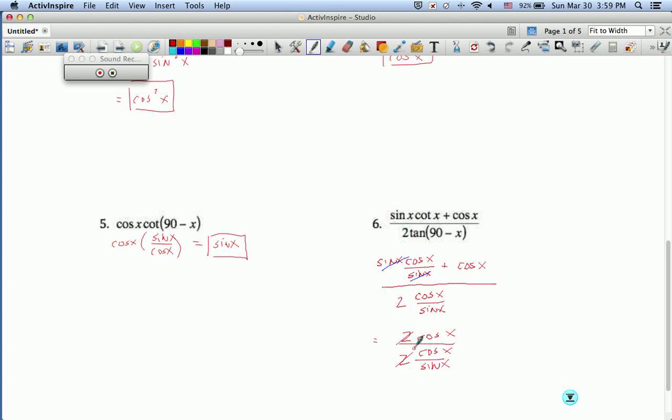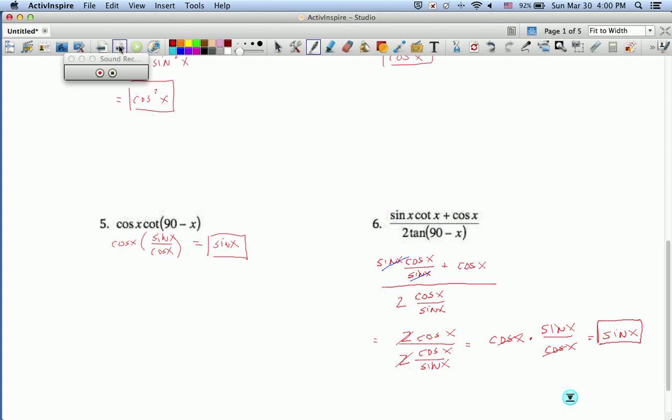The 2's cross out. Dividing by a fraction is the same as multiplying by the reciprocal. Cosines will cross out, and I'm left with sine of x. And that is all for page 1.